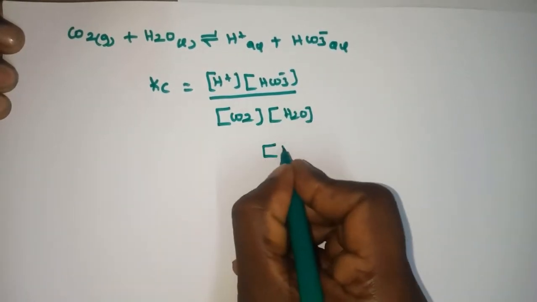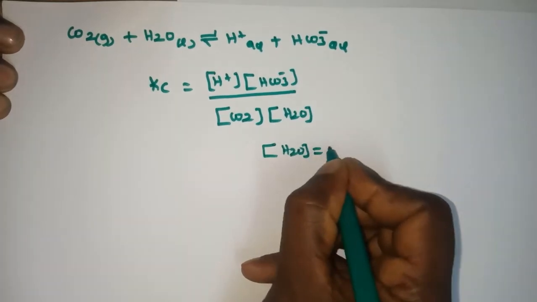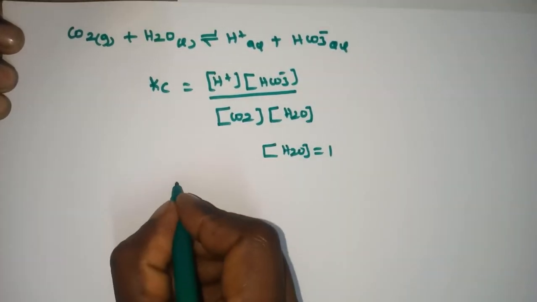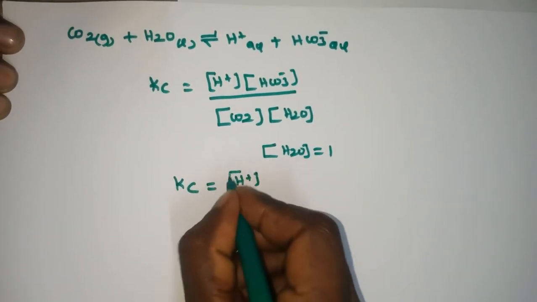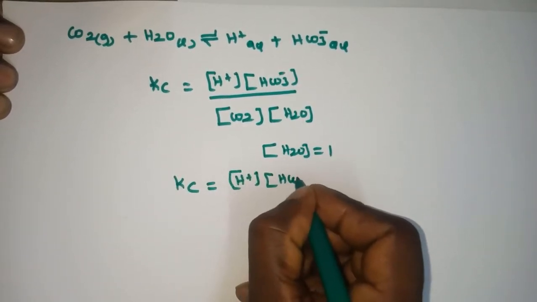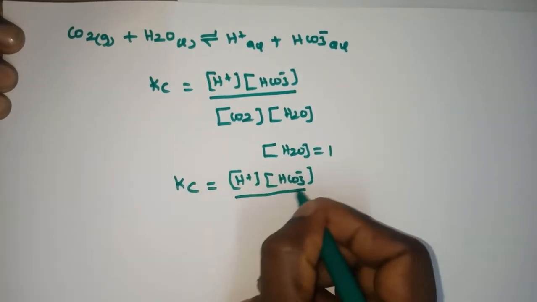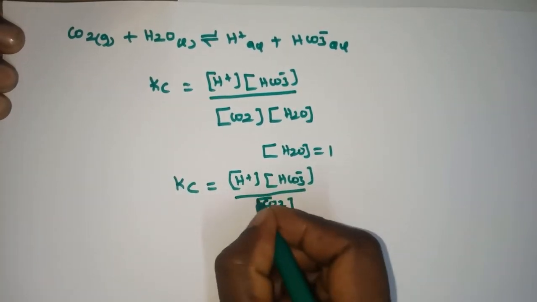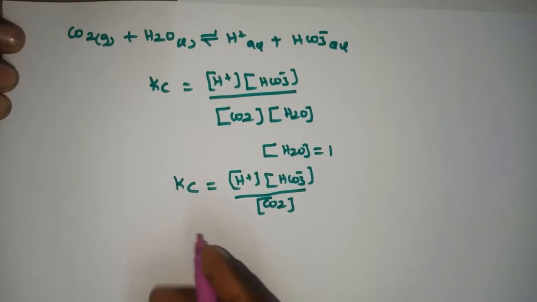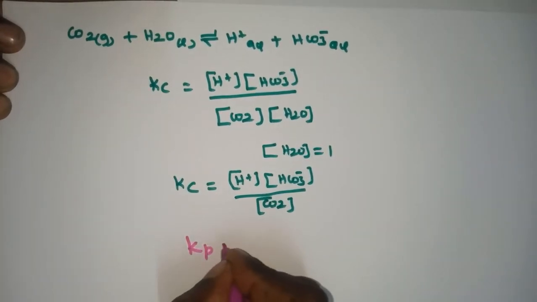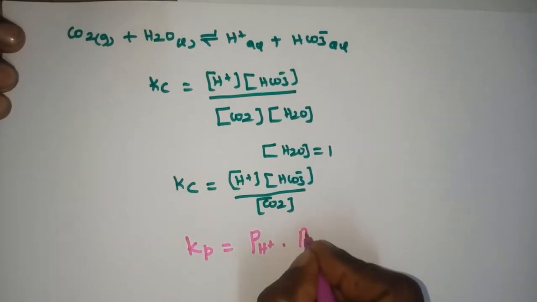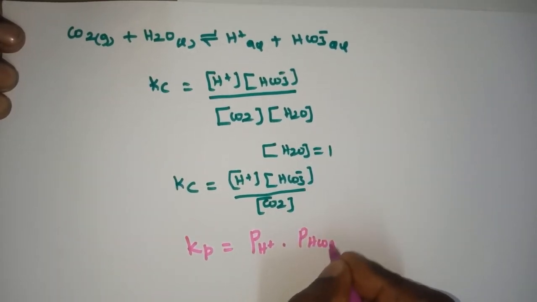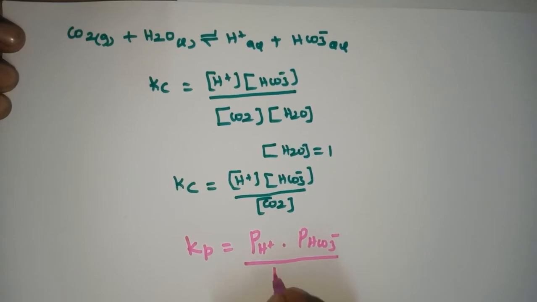Active masses of liquid H2O equal to 1. So putting this value in the above equation, Kc equal to H plus into HCO3 minus divided by carbon dioxide. Similarly, Kp equal to partial pressure of H plus into partial pressure of HCO3 minus divided by partial pressure of carbon dioxide.